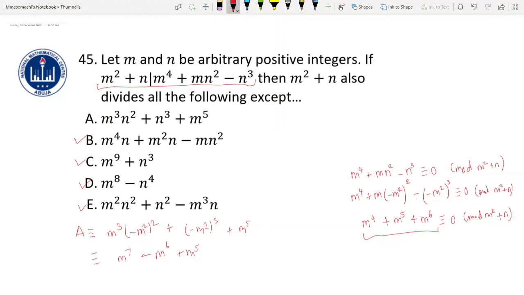And we see that this is not necessarily congruent to 0 mod m squared plus n, given this congruency. So this does not necessarily follow. So we have that option A is our answer.